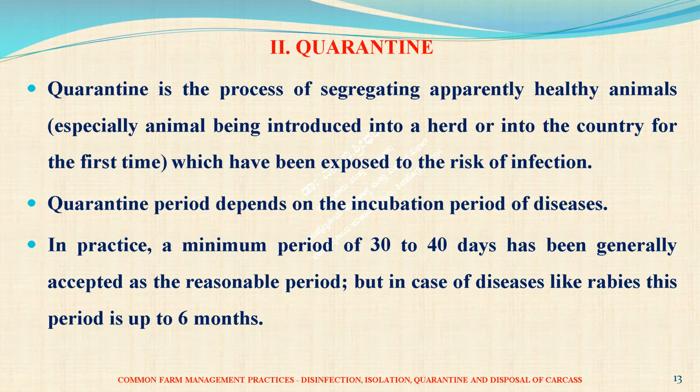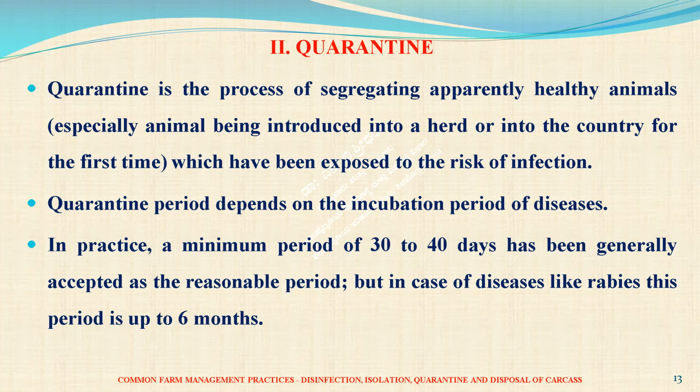So what is quarantine? It is the process of segregating apparently healthy animals, especially animals being introduced into the herd or into the country for the first time, which have been exposed to the risk of infection. And everyone can understand that. Suppose a person was arriving at an airport from a country where COVID-19 was present, then he or she used to be quarantined.